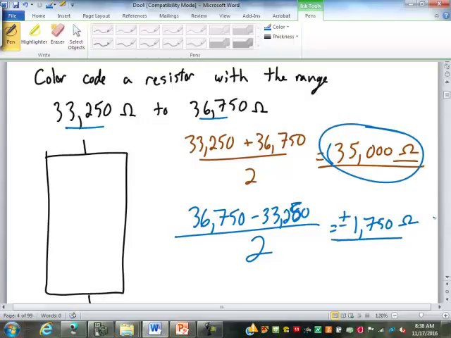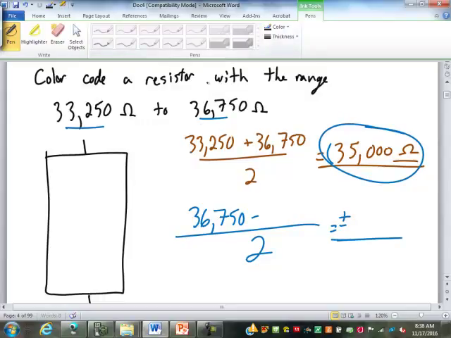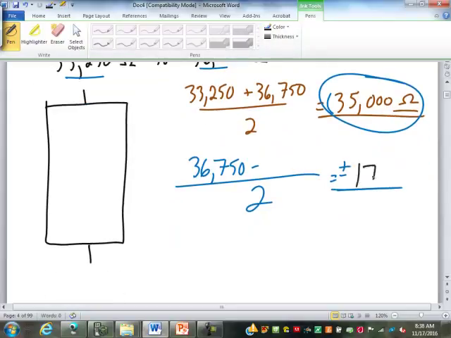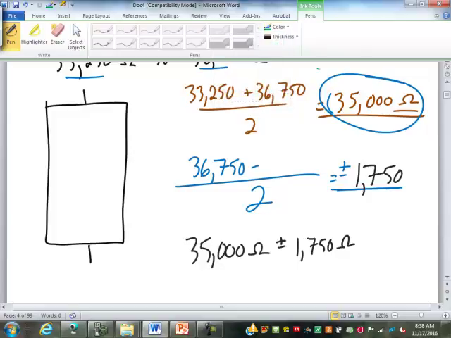But right now, that is an absolute allowance. That is saying that is 35,000 ohms plus or minus 1,750 ohms. But I need it to color code it, I need it as a relative allowance.